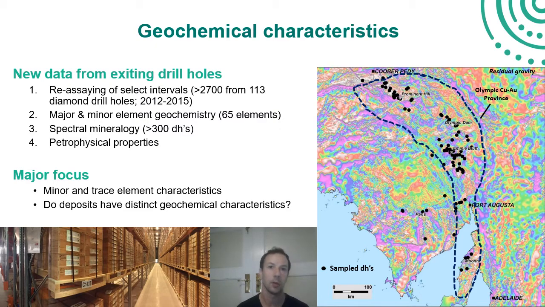But it's the geochemistry that I'll focus on today, and really trying to answer a couple of fundamental questions: what are the minor and trace element characteristics of IOCG style mineralization in this region, and do the significant deposits have distinct geochemical characteristics from those smaller occurrences?